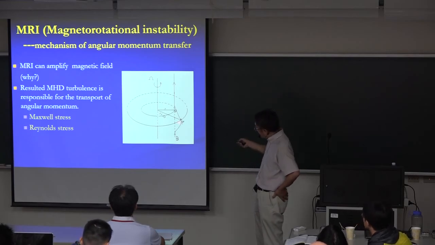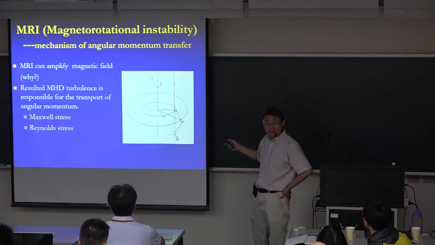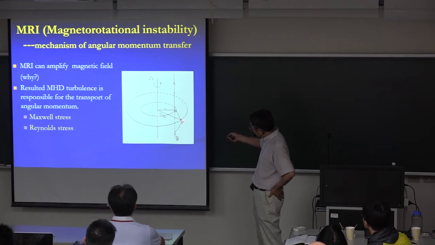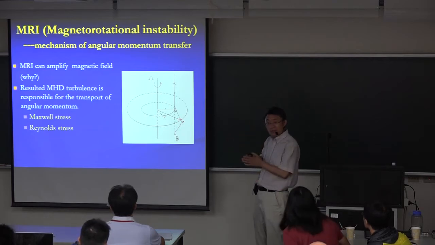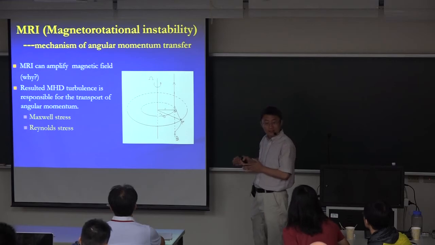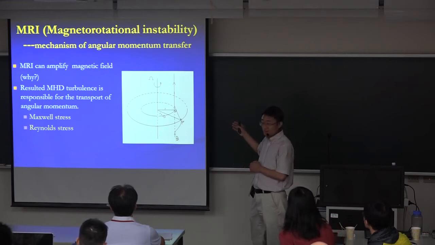And the gravitational force at this radius will become smaller. So what will be the consequence? The perturbed fluid element will have a net force outward. This means the perturbation will grow. Right? This is why we have MRI.